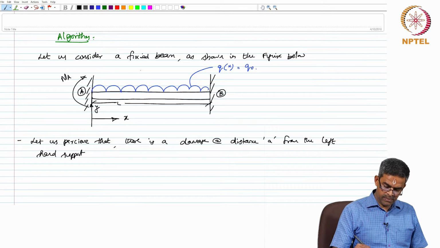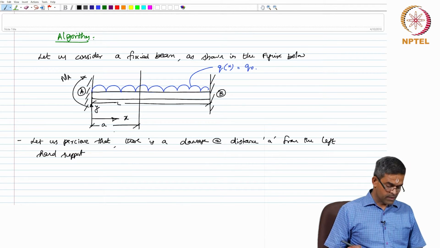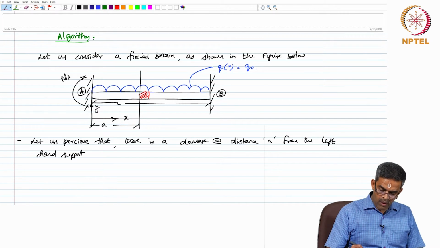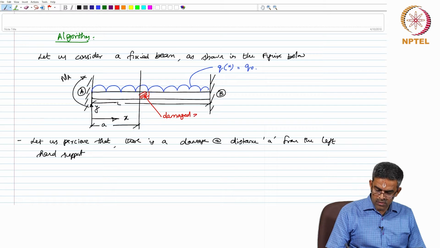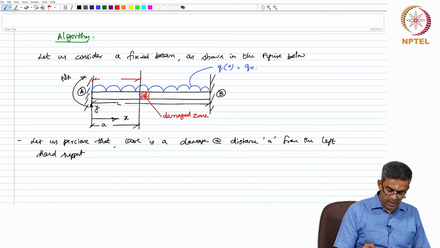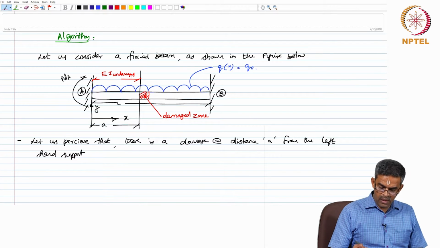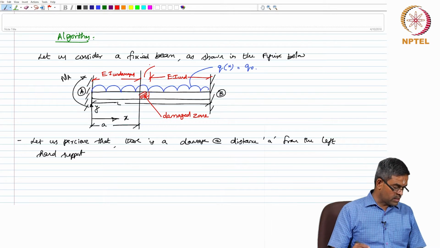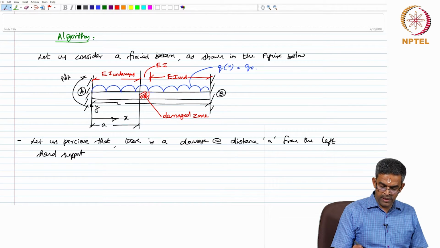Let us say at section a, which is distance a from here, there is a damage in the beam. So, we call this as damaged zone. Therefore, this section will have EI undamaged and this section will also have EI undamaged, whereas this section will have EI damaged.